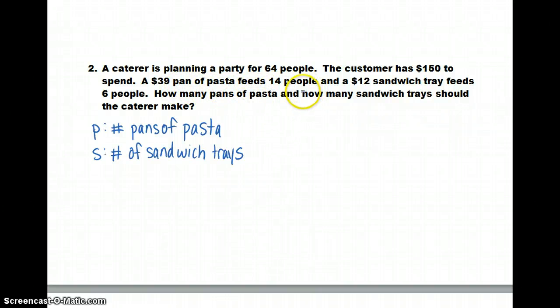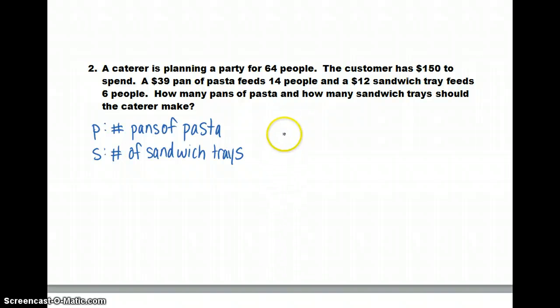So if we multiply 14 by however many pans of pasta that we have, that'll give us the total number of people that the pasta will feed. A sandwich tray feeds 6 people. So once again, if we multiply 6 by the total number of sandwich trays we have, which is our variable, then we'll get the total number of people that our sandwich trays will feed. And adding these together has to equal our total number of people, which is 64.